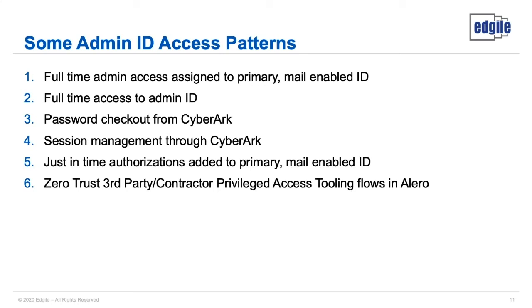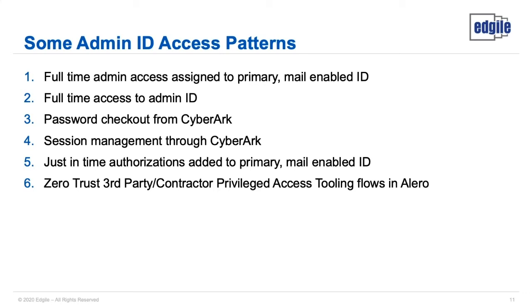So we have the full-time admin access assigned to the primary mail-enabled ID. Rick already mentioned how common this was when he first started as a sysadmin. Before I move on to the others, I can tell you that if you have full-time domain admin access assigned to people's primary AD accounts in the year 2020, you've got some work to do, and you have got to do it quickly.